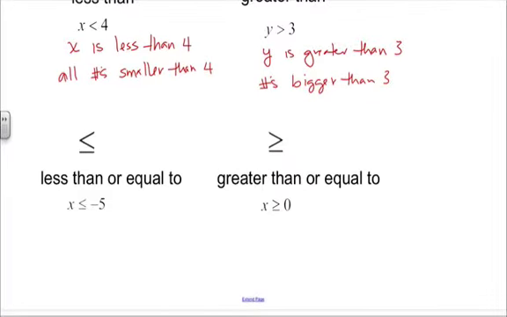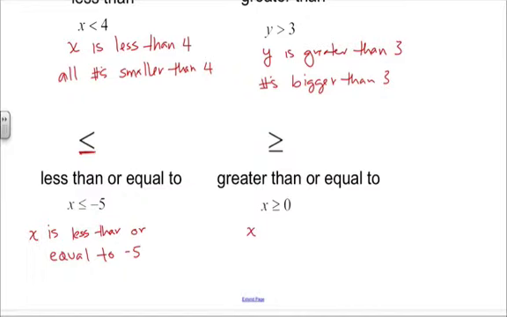Down below, we have the other two inequalities. This first one is less than or equal to, and of course it's got the little bar underneath. So here we would say x is less than or equal to -5. And then greater than or equal to.